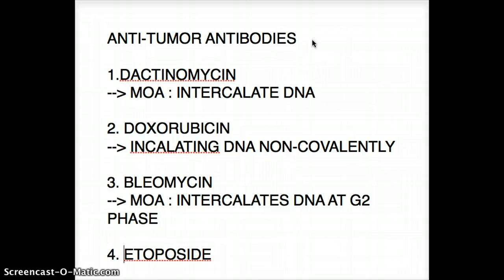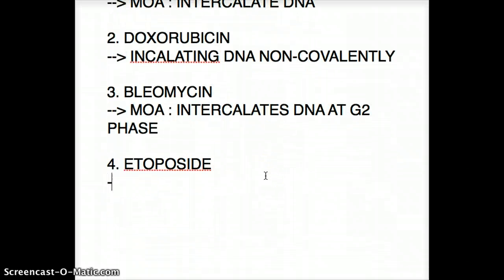Etoposide, this one also intercalates DNA. This one actually inhibits a direct enzyme called topoisomerase type 2.